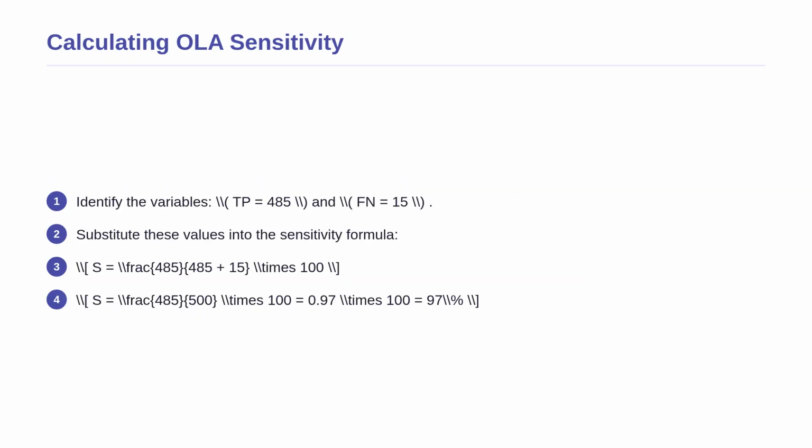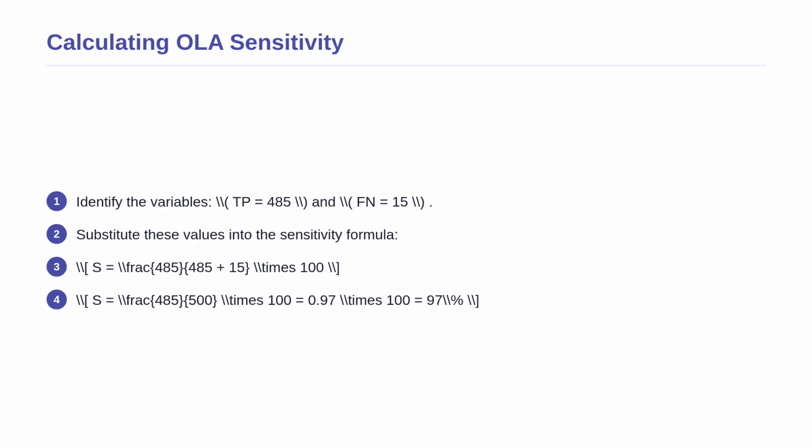Let us work through the mathematical reasoning for the sensitivity. From the problem, the test correctly identified 485 patients, so TP is 485. The test missed 15 patients, so FN is 15. We substitute these values into the formula.